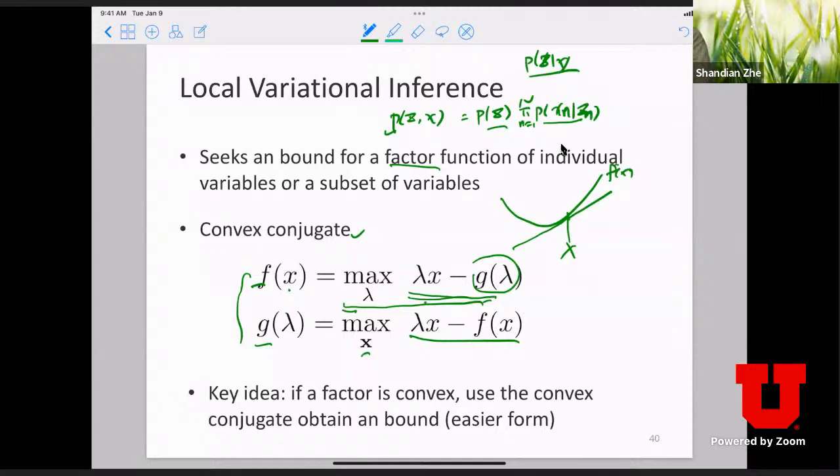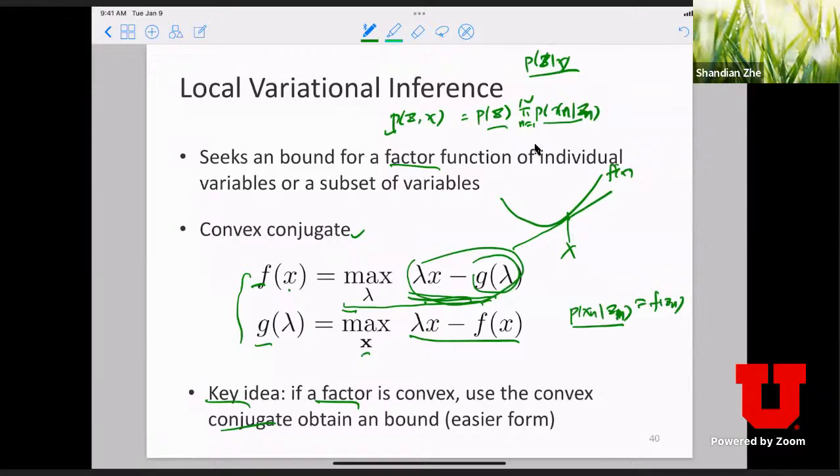So from this, we can observe that if one factor in my joint distribution is convex, then I can construct a convex conjugate, which is a lower bound, to replace that factor, like p of x_n, z_n. If it turns out to be convex in z_n, I can just replace it by a lower bound, right?